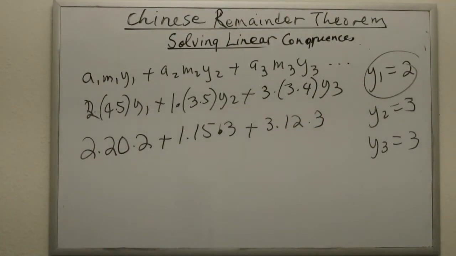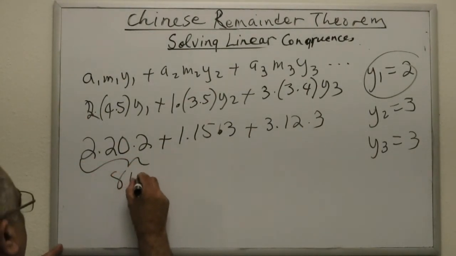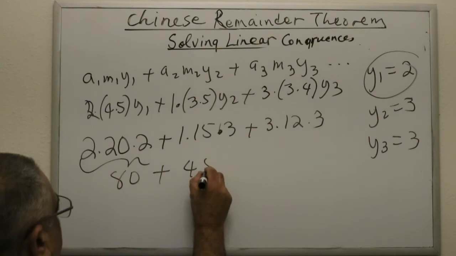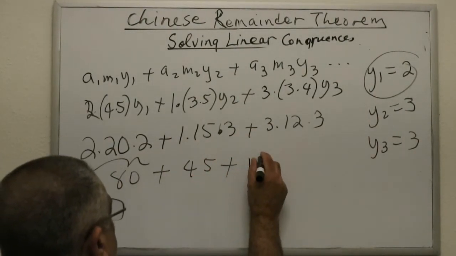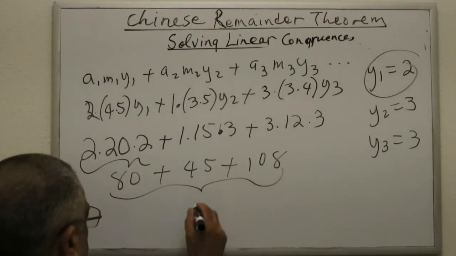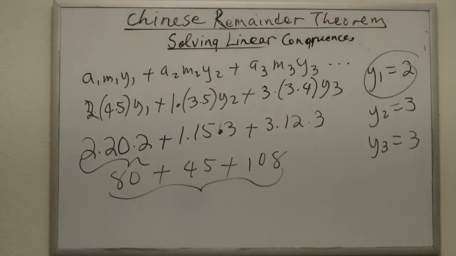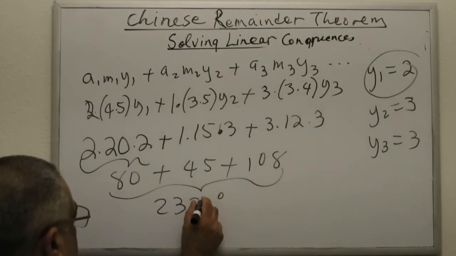So in this first value, this becomes 80, this is 45, and this is 108. So when I add all these up, I end up with 233. So now this is x.